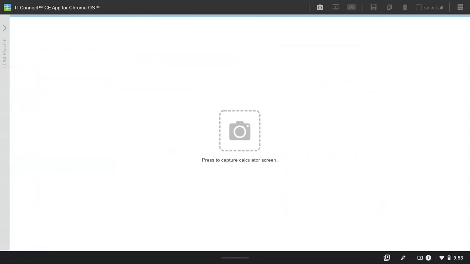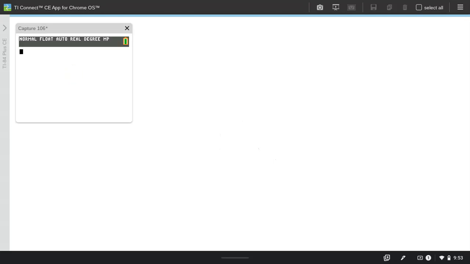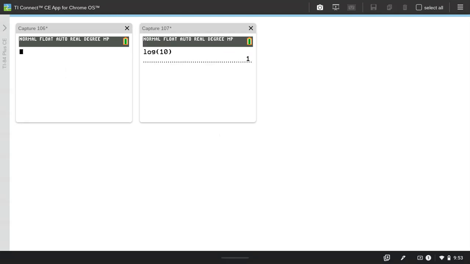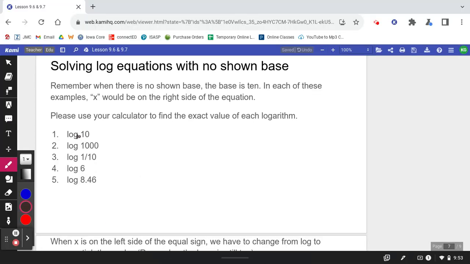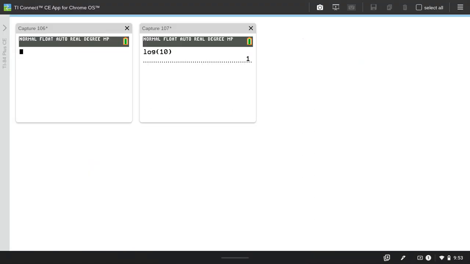Okay, so the log key is to the left of the 7 key. And again, if there's no base, it's showing log base 10. When I type in log base 10 of 10, I get 1. The next one is log base 10 of 1,000.